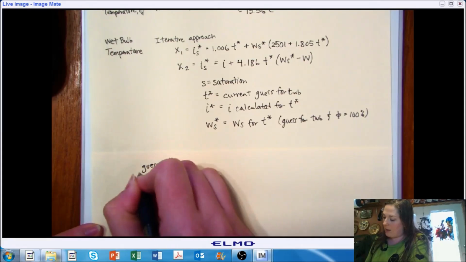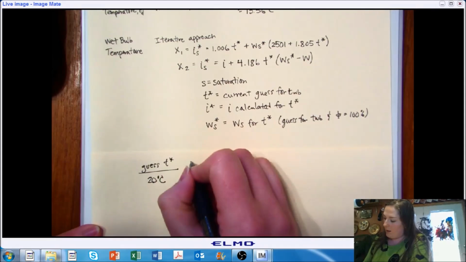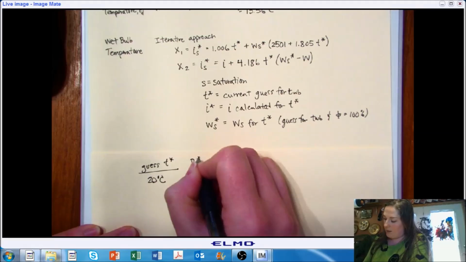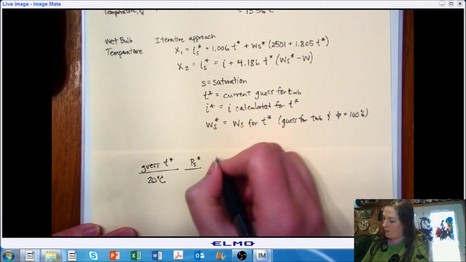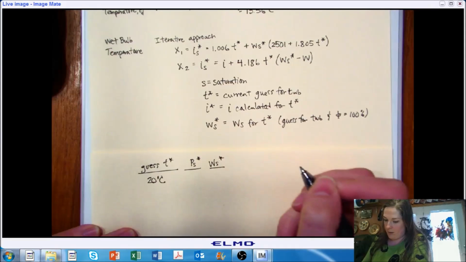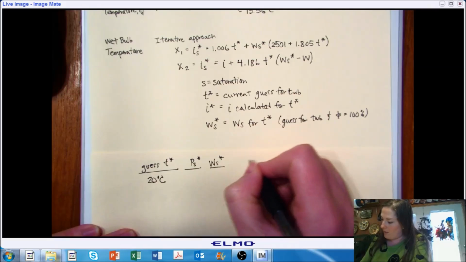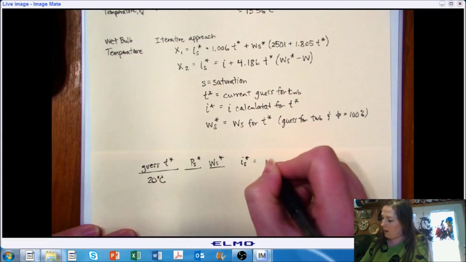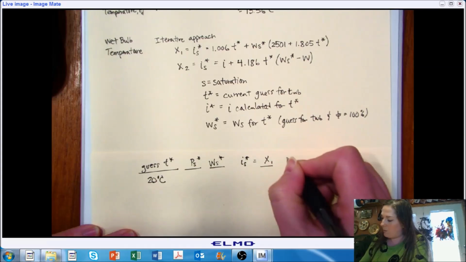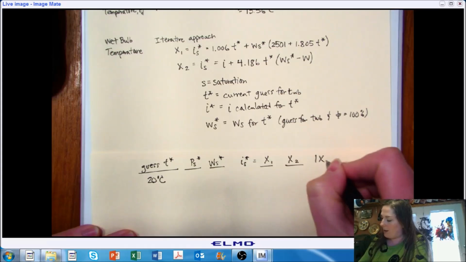Let's guess a T star, and let's just start with a guess of 20 degrees C. And then we're going to calculate saturation partial pressure, the humidity ratio, and then the saturation enthalpy based on the X1 calculation and based on the X2 calculation, and then we'll look at the difference between those two.